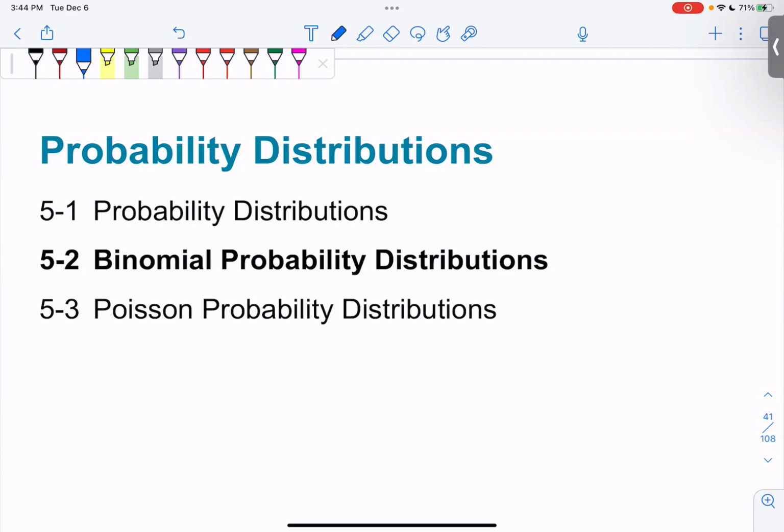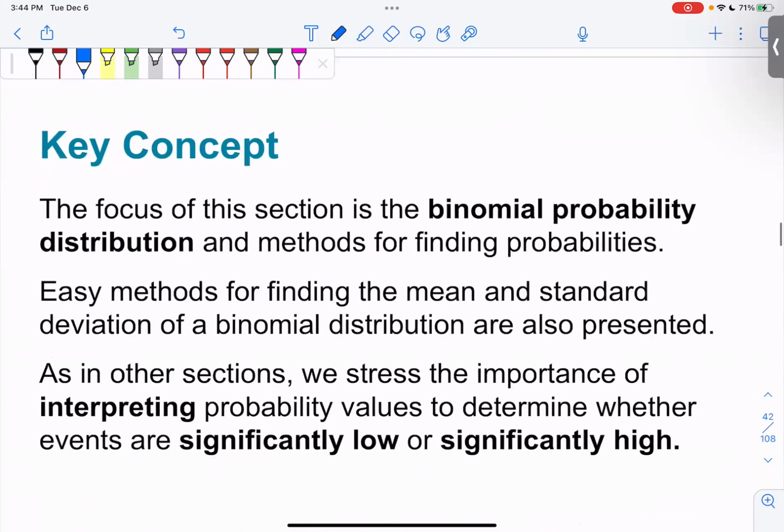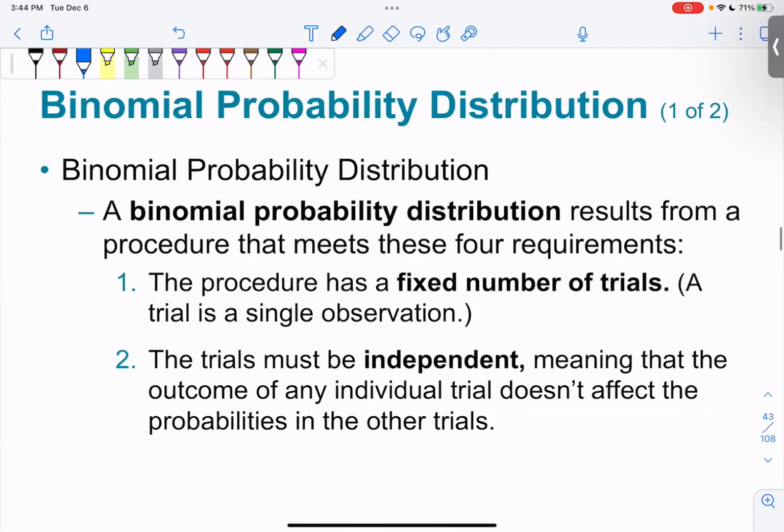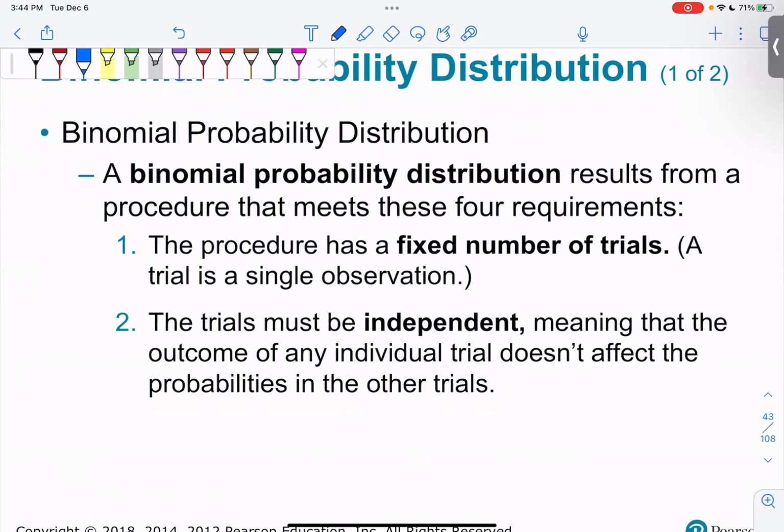So let's see what the requirements are for the binomial distribution. We have four requirements. Can you please pay attention to those things? We have a lot of examples in this.